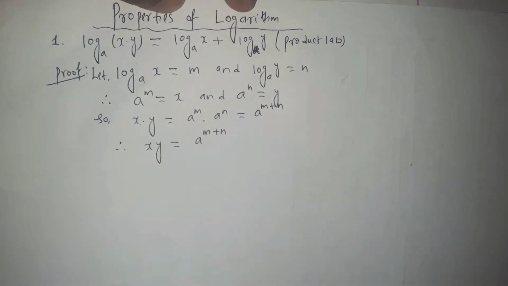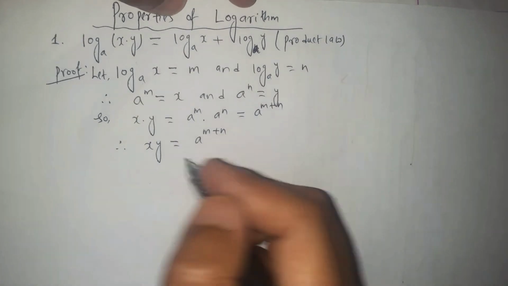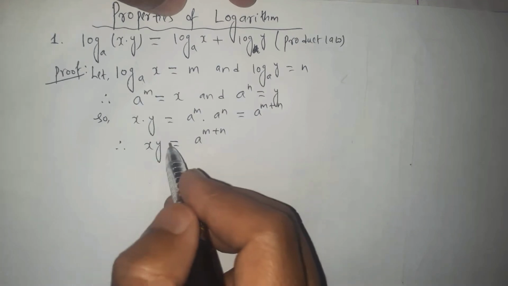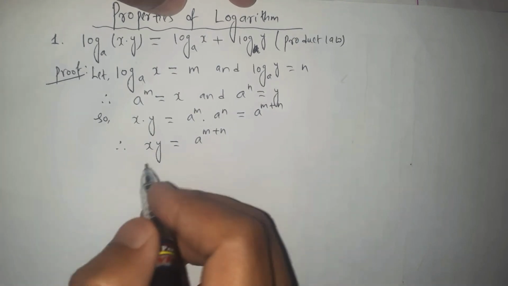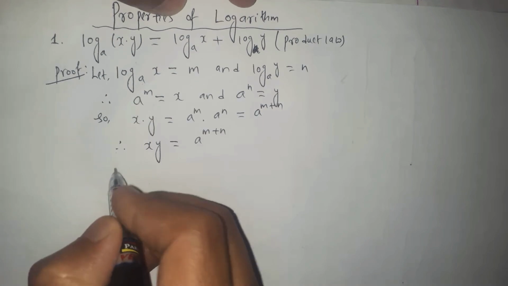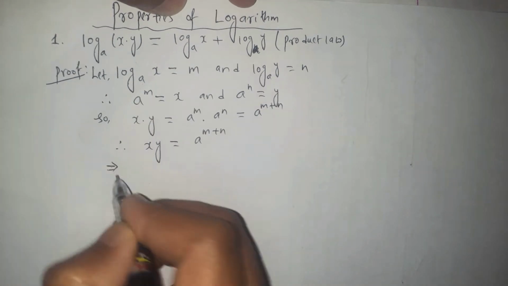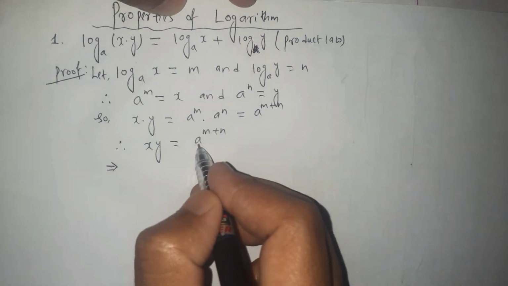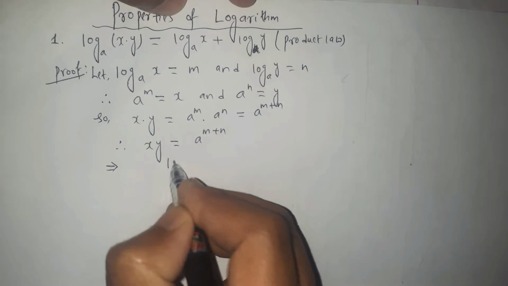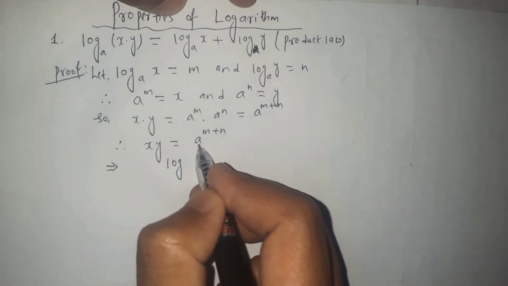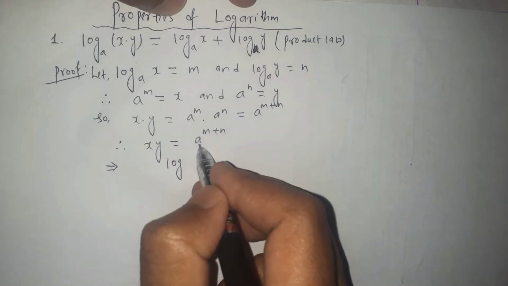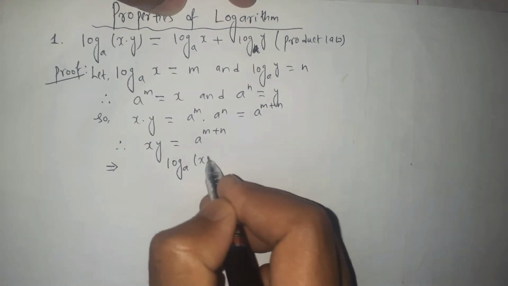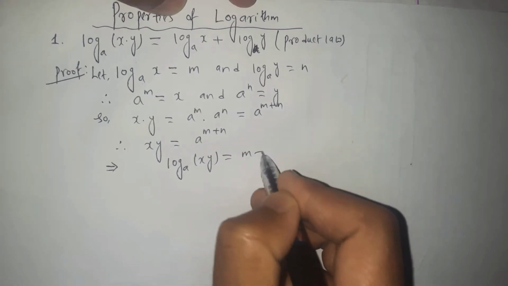By the inverse process, let's change this exponential form into the equivalent logarithm form. The number a becomes the base of the logarithm, and the argument will be x times y, equal to m plus n.